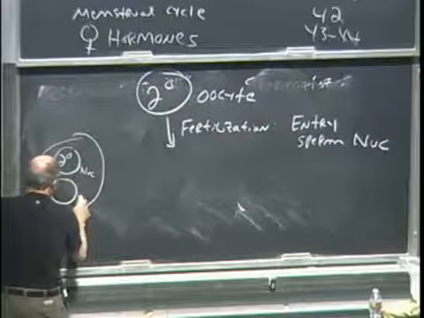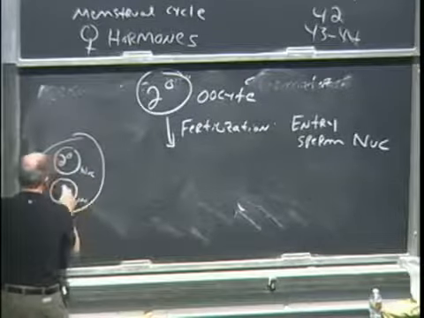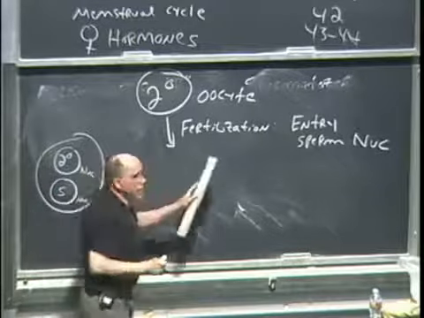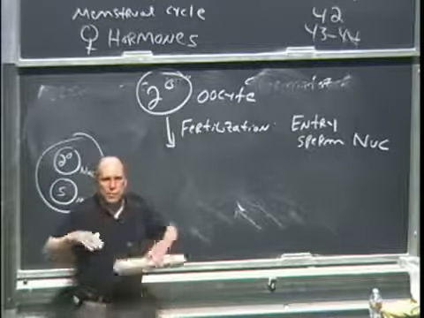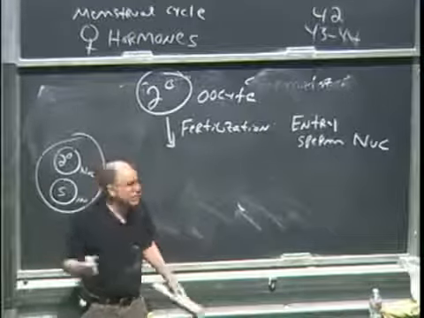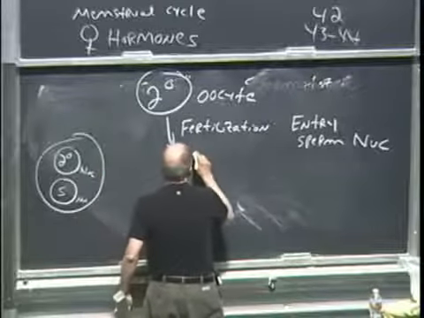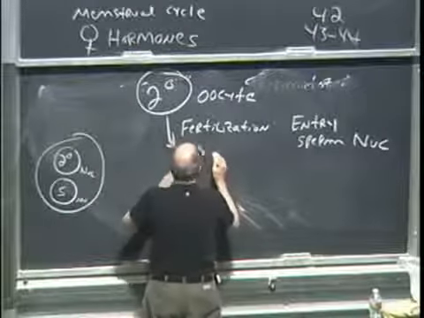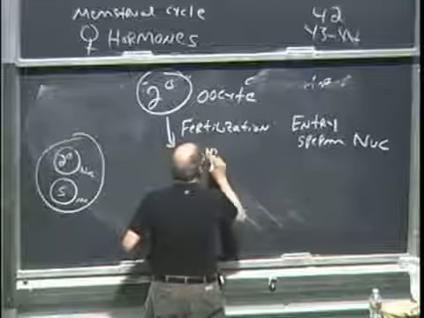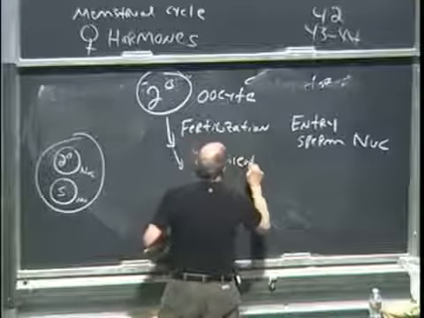So you basically have a cell at this point that has the secondary oocyte nucleus and the spermatozoa nucleus. As a result of the entry of the spermatozoa, there are massive changes in metabolism in the cell, and you get the second meiotic division.